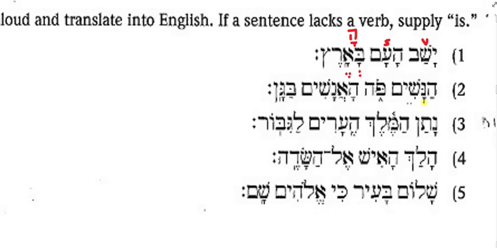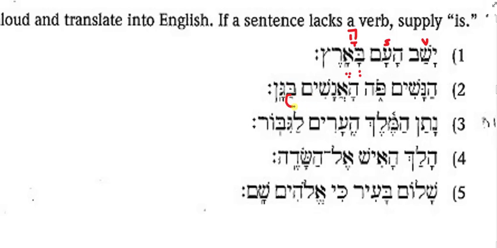So translate that first part. The women po. The women here, meaning the women are here. Ha'anashim. The men, bagan, in the garden? Are we sure it's the garden? Yeah, there's no hey here.